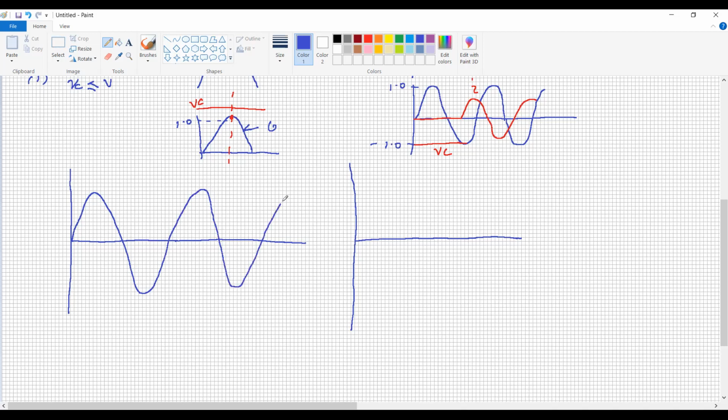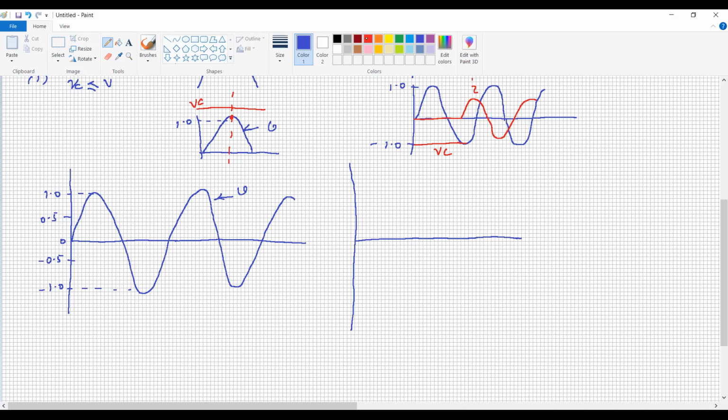Say this is the system voltage V. It is 1 pu. This is 0.5 pu, minus 0.5 pu. This is voltage V0, and this is minus 1.0, or 1 pu. Okay. Initially, the capacitor voltage is 0.